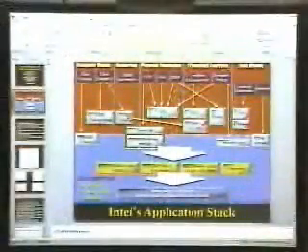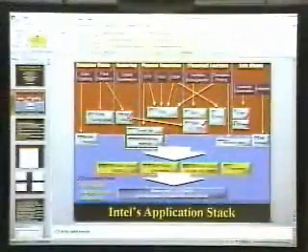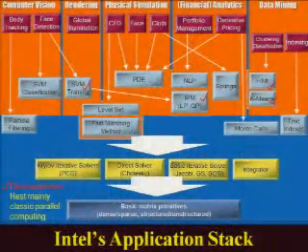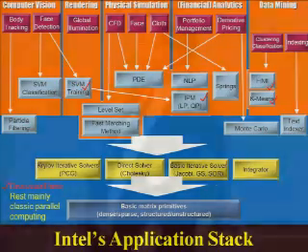Well, actually, let me summarize the homework while Tony's here, because at least this might be helpful to him. As a summary of what we did, as well as this discussion of the overview of parallel computing, my homework was to go through the Intel application stack. I was requested to go through that.